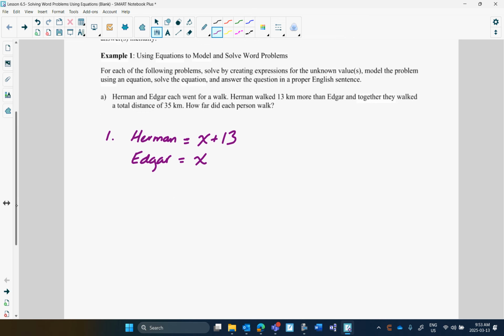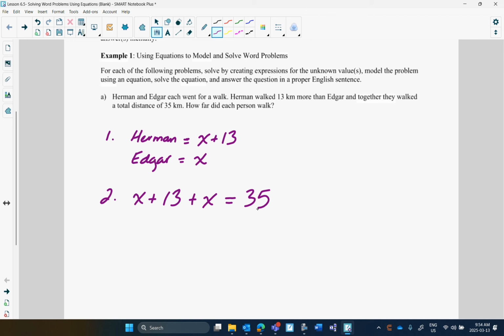Now that we've got these, we're going to make our equation. This distance and this distance must add to what, according to the question? 35. So X plus 13, which is Herman's distance, plus X, which is Edgar's distance, add up to a total of 35, which they walk together.